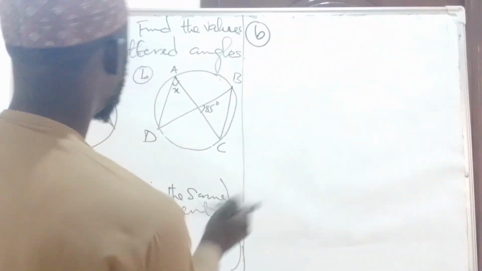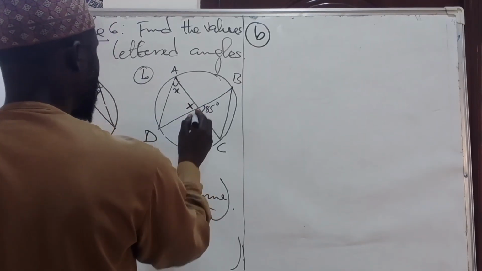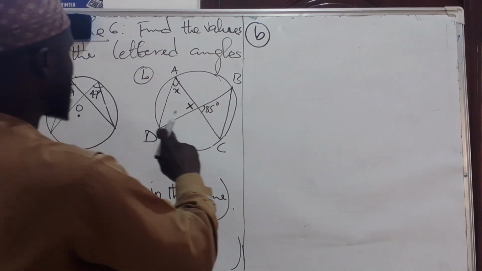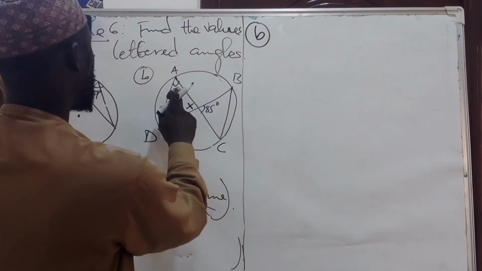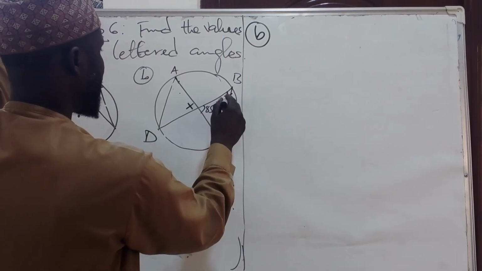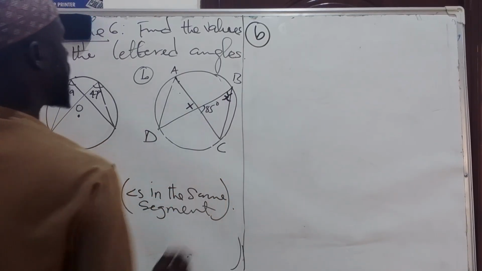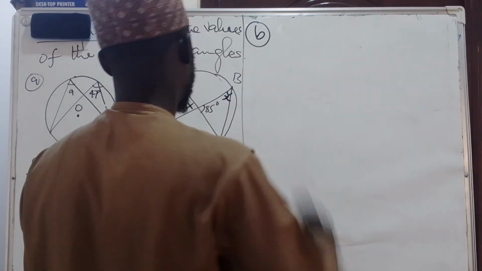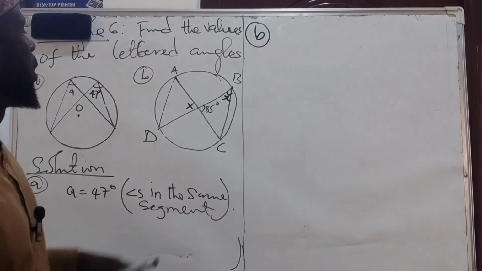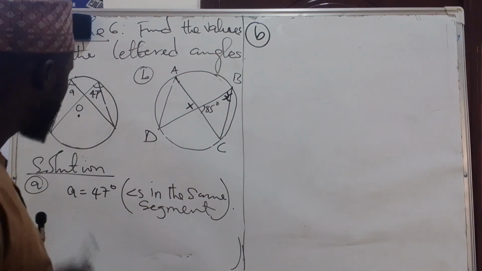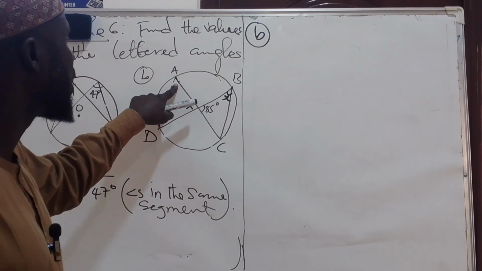So not this angle. This is the angle we are looking for. Here is x. Sorry about that. So here is x, and that is the angle we want to find. Had it been you have a value here, you can say x is equal to this value, but we don't have. So we should find this angle and equate it with x.